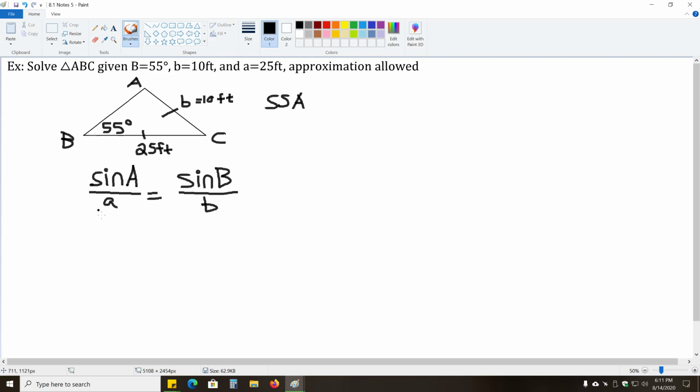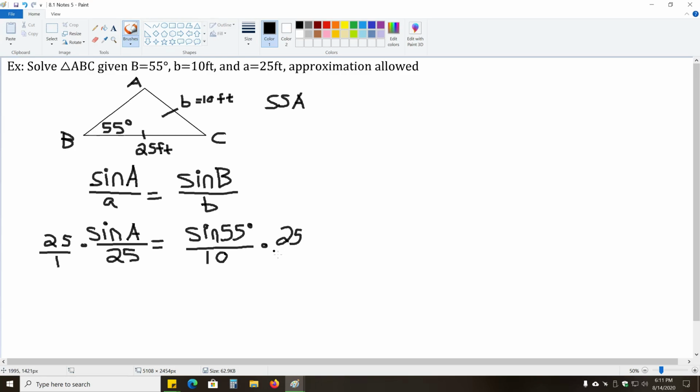So plugging in our information, we get sine of A over 25 equals sine of 55 degrees over 10. And now we need to solve for angle A. We'll do so by multiplying each side of the equation by 25 over 1.